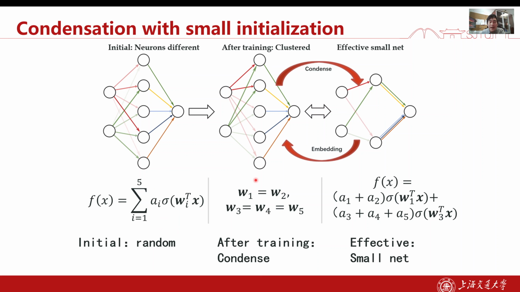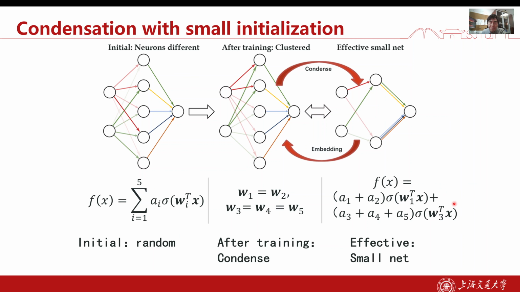For example, in this very simple toy example, the first two neurons get clustered, and the last three neurons also get clustered. That means their input weights are exactly the same for the first two neurons and also for the last three neurons. If this condensation happens, the original 5-neuron network is effectively equal to a network of only 2 neurons.